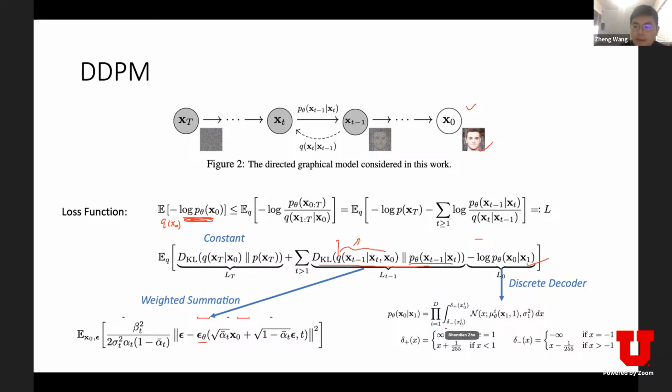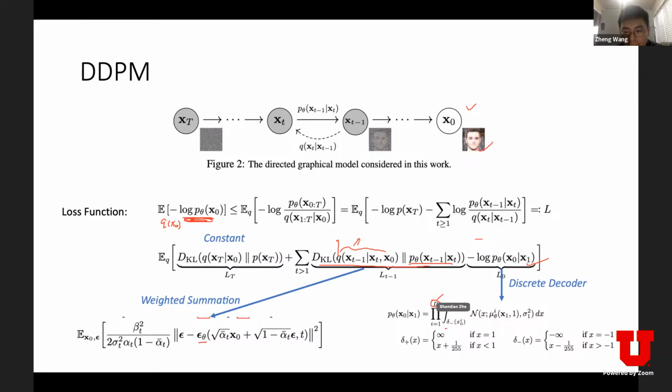Because x0 is a discrete random variable, they cannot simply calculate the log probability. So they just define some well-defined form, so they can compute the log probability more efficiently.